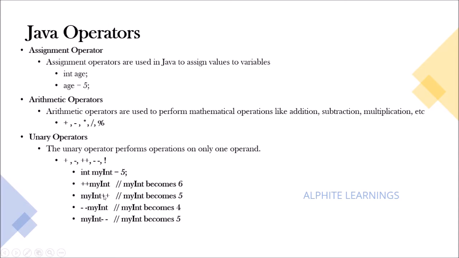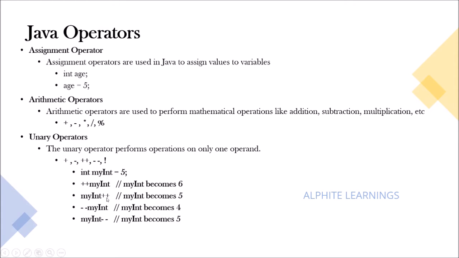So next, if you are giving the increment operator behind your variable, we will trigger the print statement, and the value that is already assigned, that is 5, will be printed.